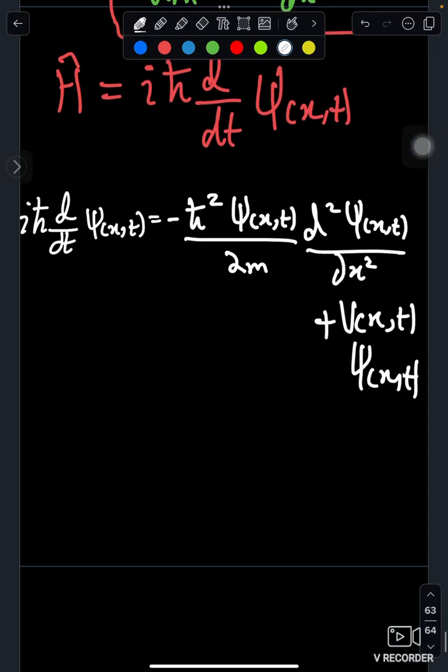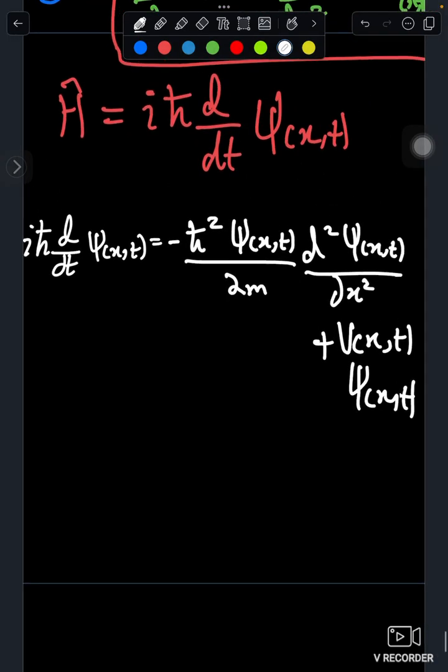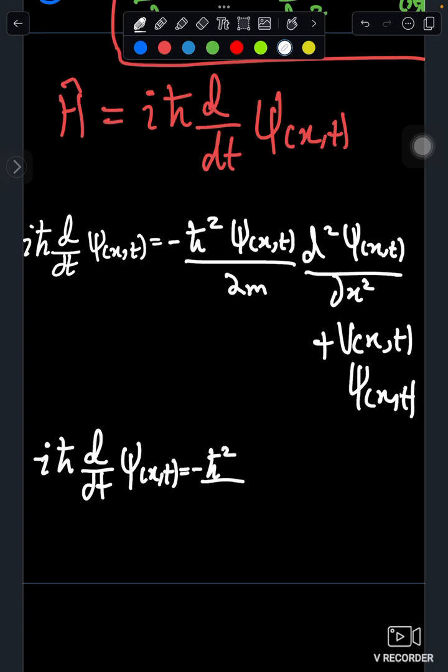So in all, let me just sum it up here. i, the complex number, h bar d over dt psi of x and t equals minus h bar squared over 2m. We can take psi of x and t as common.